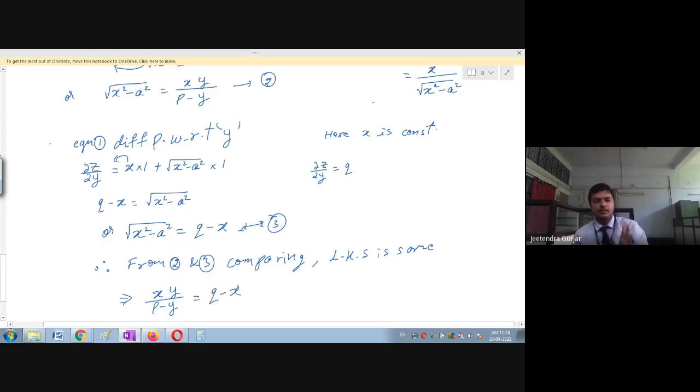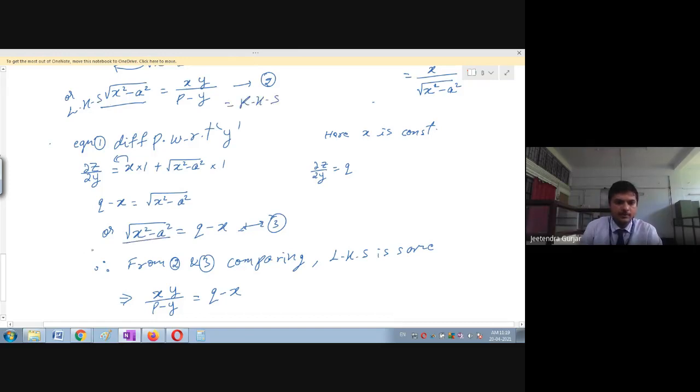Any doubt, please ask me now only. Yes, from equations 2 and 3, it is on the screen. You can see this is 2 and this is 3. This side is the same, your LHS. This is the LHS and this is the RHS. Is it clear?